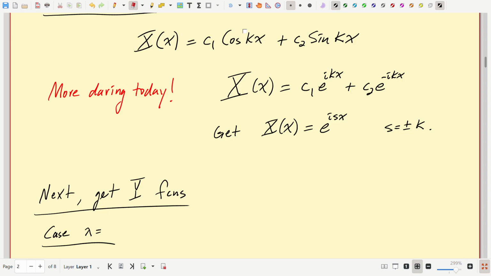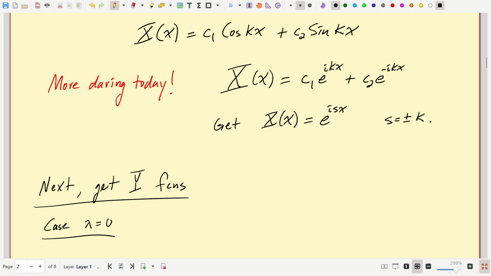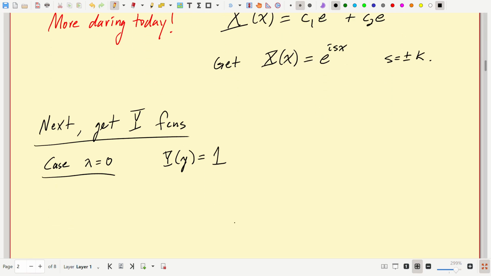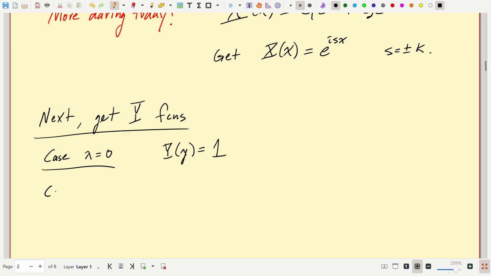The case lambda equals 0, then I get the same old thing. We get y of y is also a constant function. And then the next case that's interesting is lambda equals minus k squared.